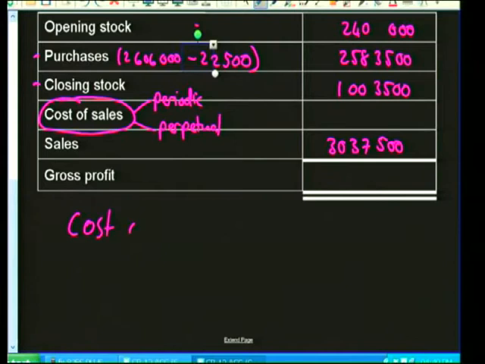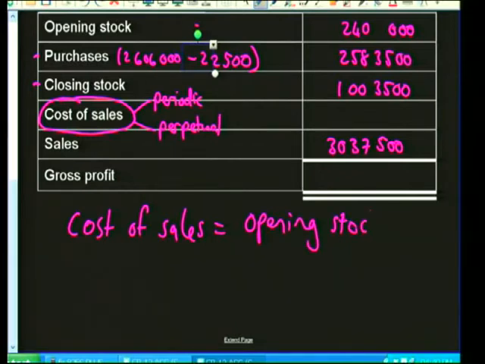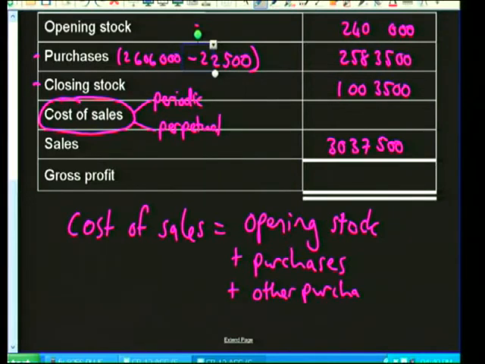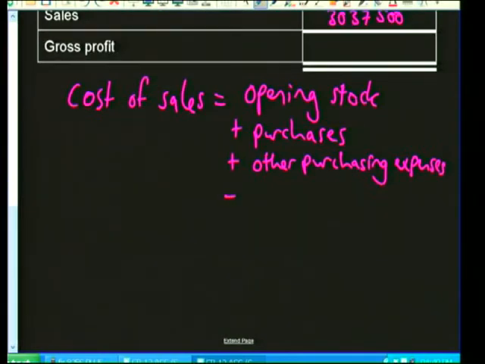The cost of sales under the periodic system is as follows. Opening stock plus purchases plus other purchasing expenses, and then from that we're going to subtract our closing stock.